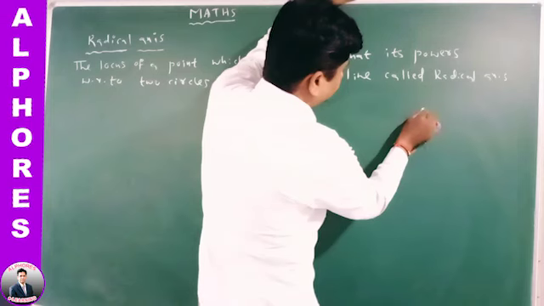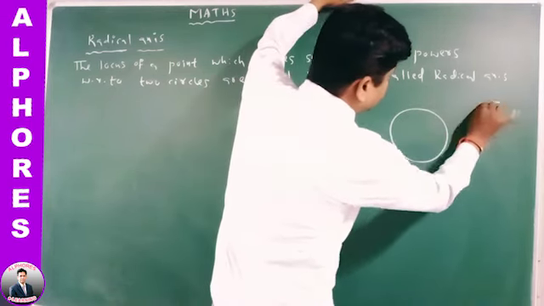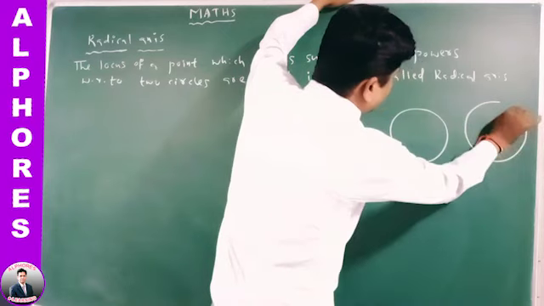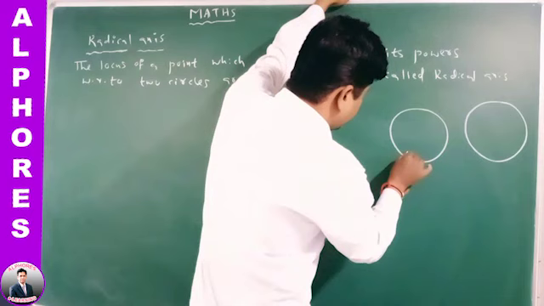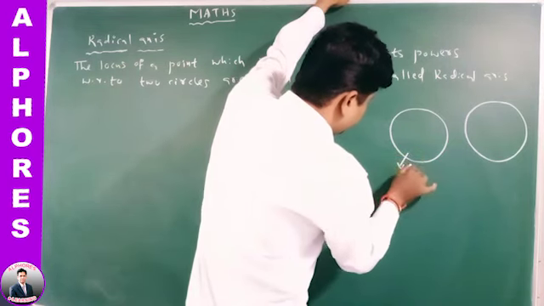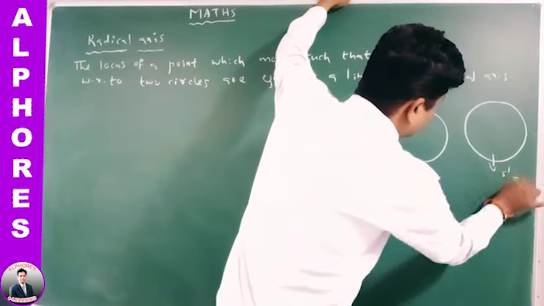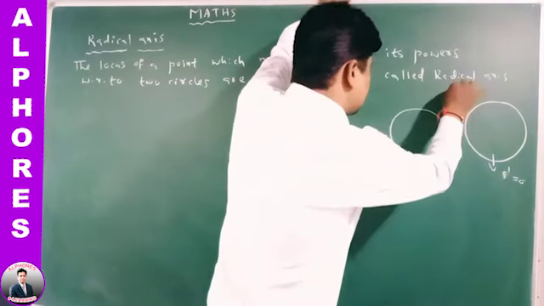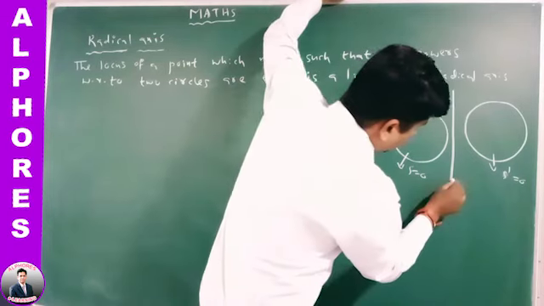Suppose we have two circles, S equal to 0 and S dash equal to 0.